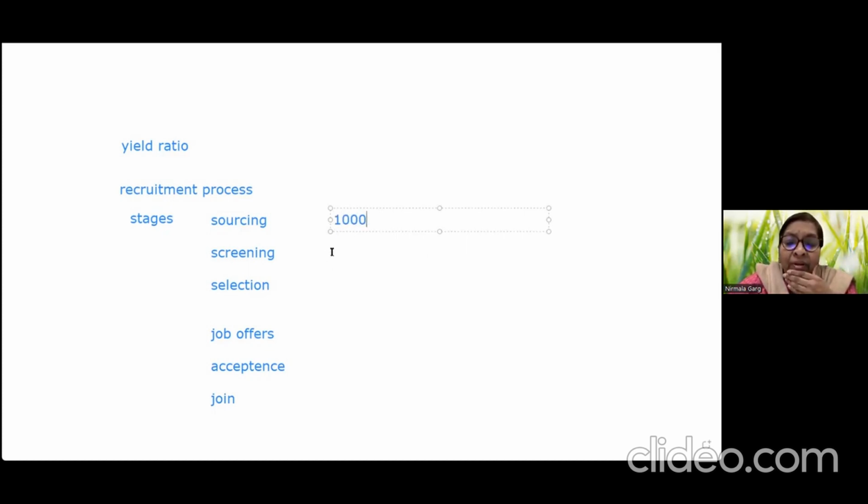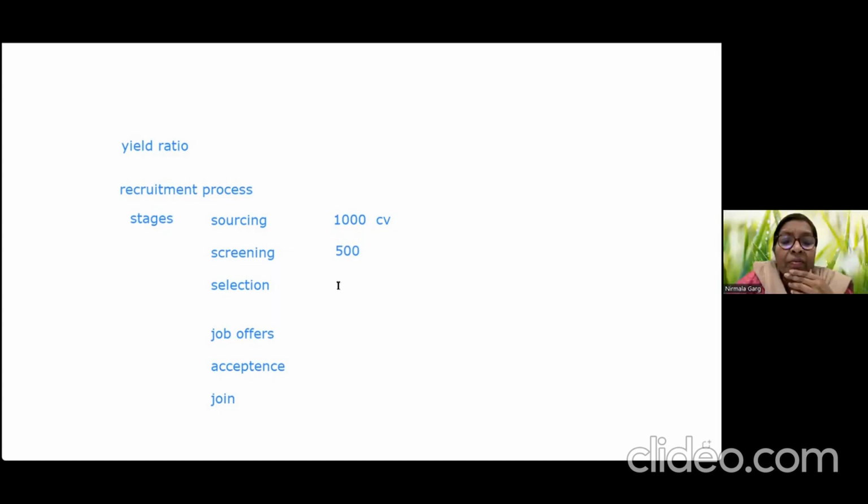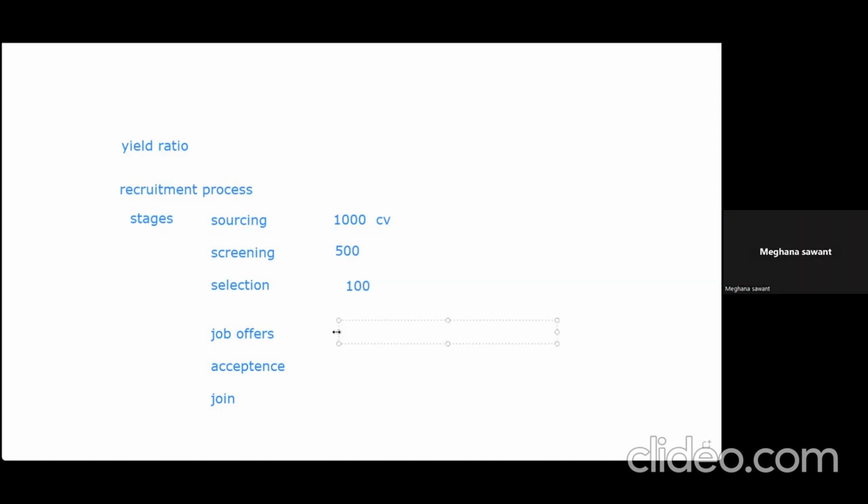After they have gone through the recruitment tracker and screening, you have only got, say, 500. Then 100 selected.